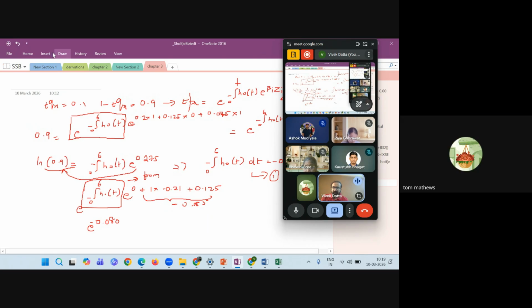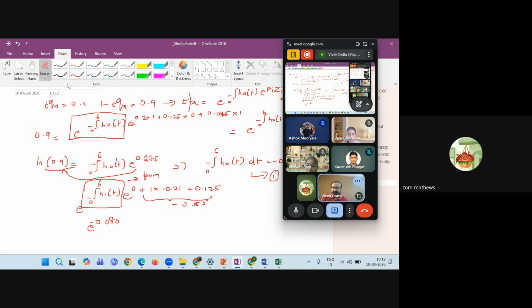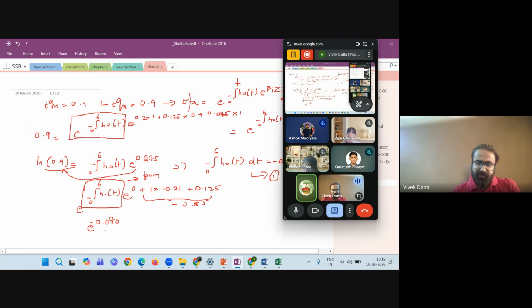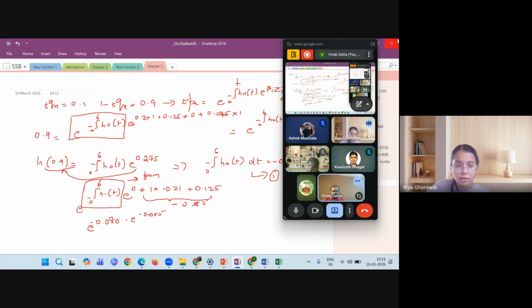Okay, what is this value? E raised to minus 3 into e raised to minus. So first find the value of e raised to minus 0.085: 0.9185.